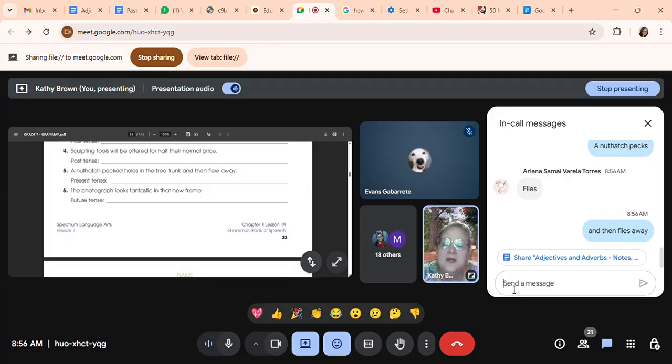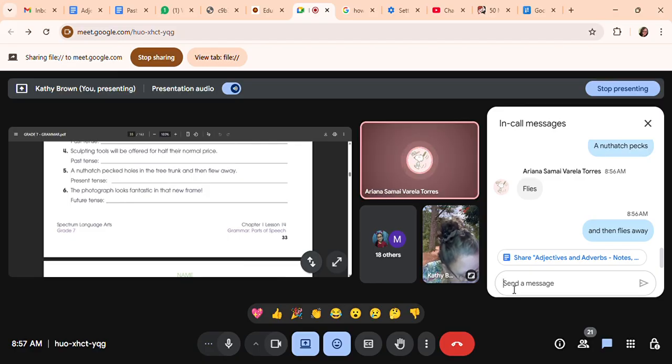So let's have Ariana read number 6. The photograph looks fantastic in the new frame. Good. So, what tense is that in? Past, present, or future, Ariana? Future. Yes. Well, it's actually in present. They want you to change it to future.